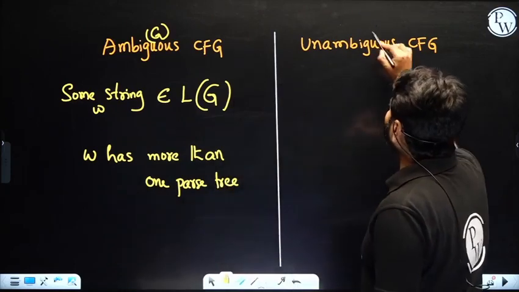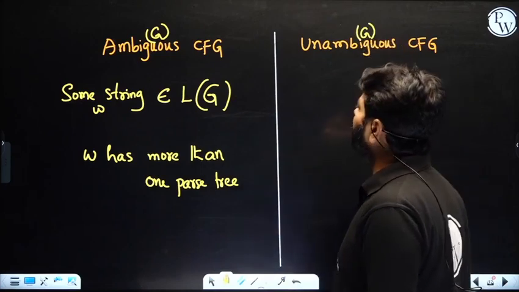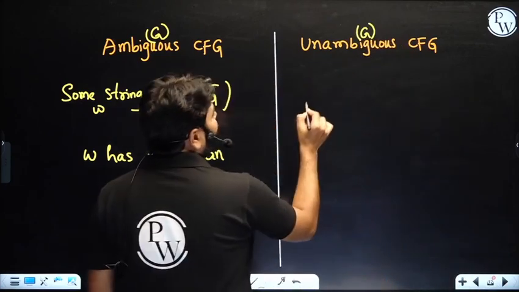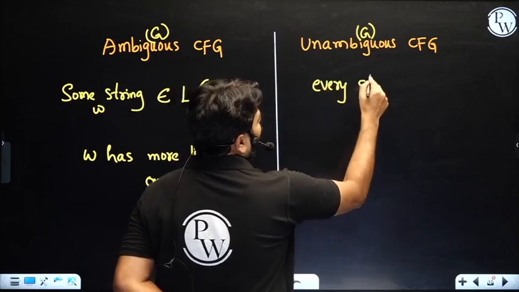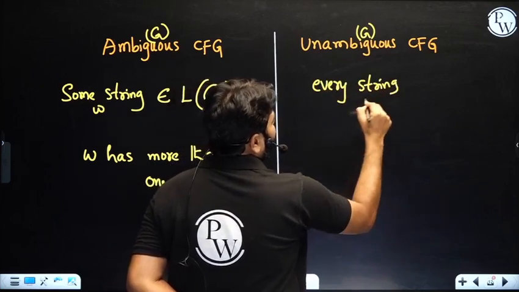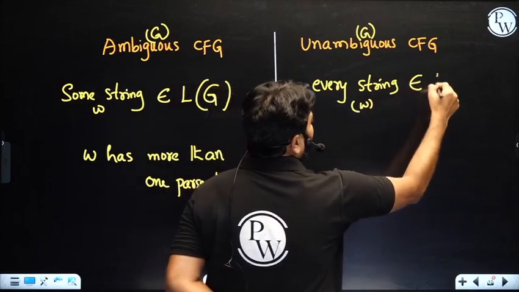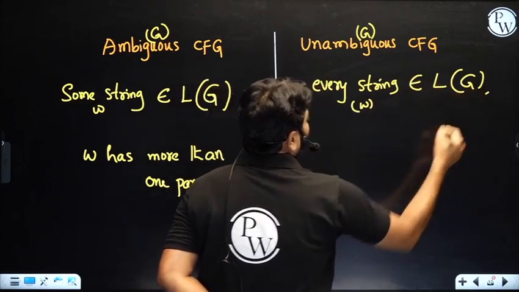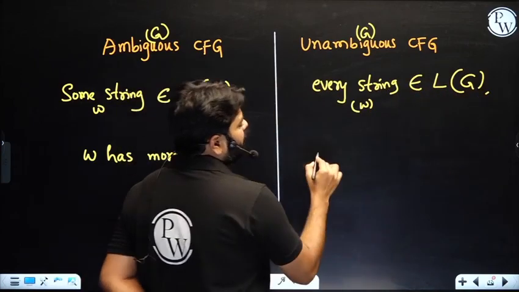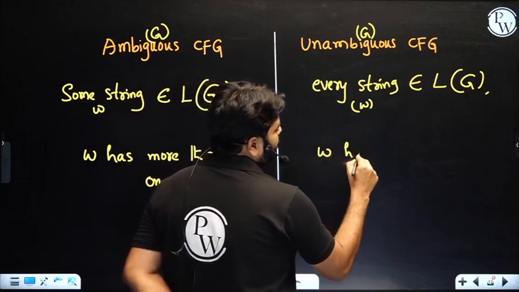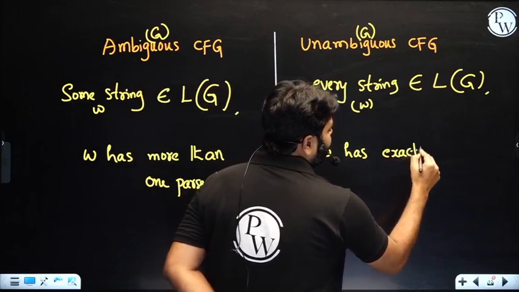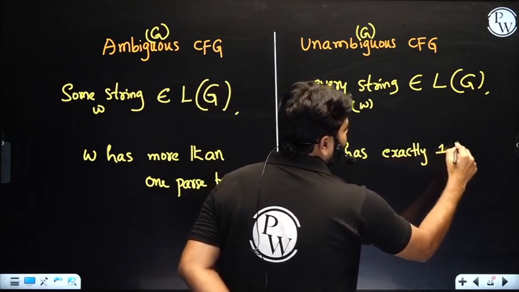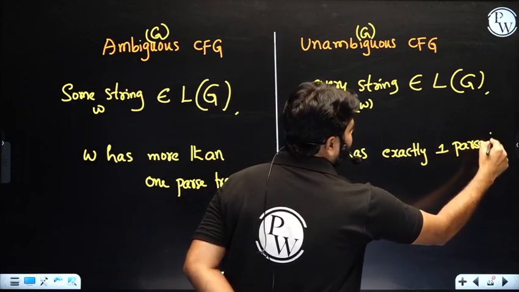Anyhow, what is an unambiguous CFG? Let's say G is an unambiguous CFG. Here we should say every string, not one string or two strings, every string W that is generated by the grammar has exactly one parse tree. You don't have multiple parse trees.